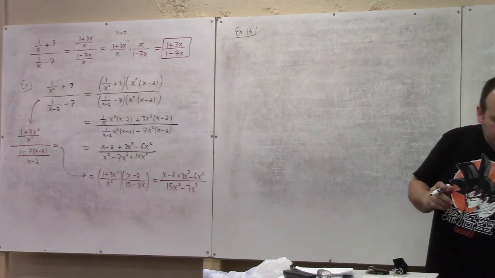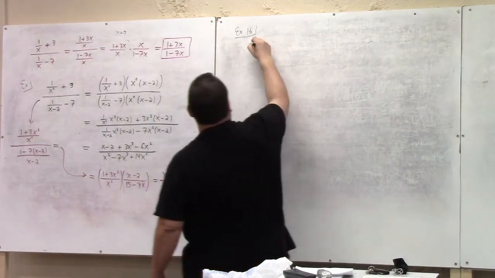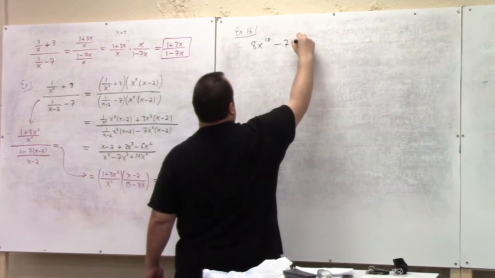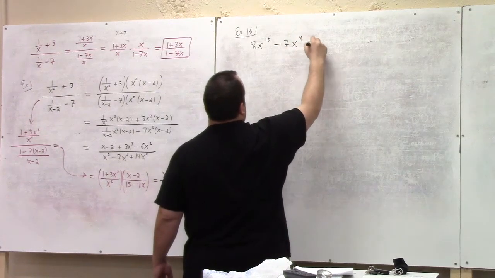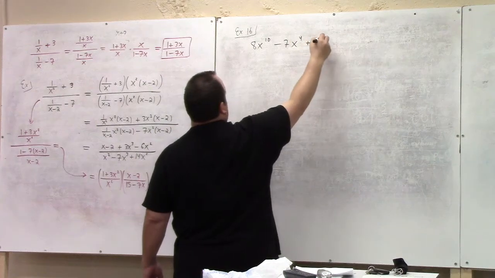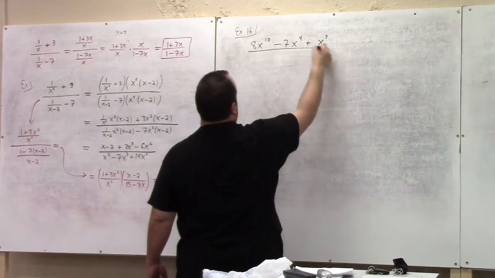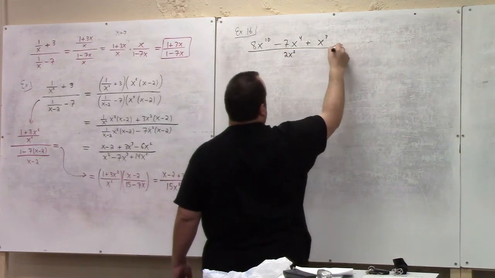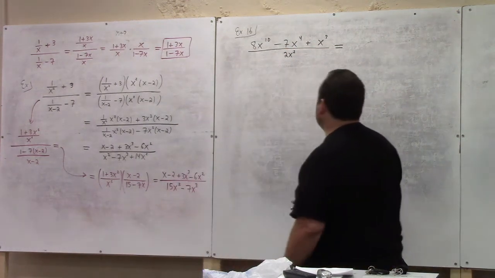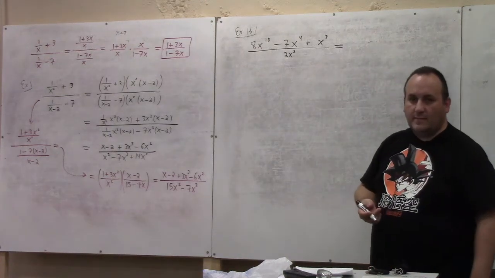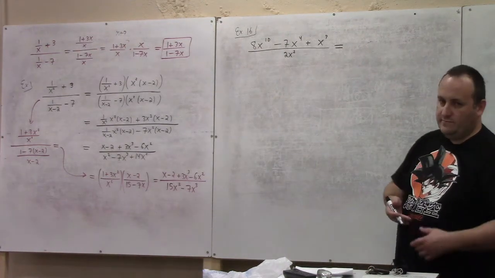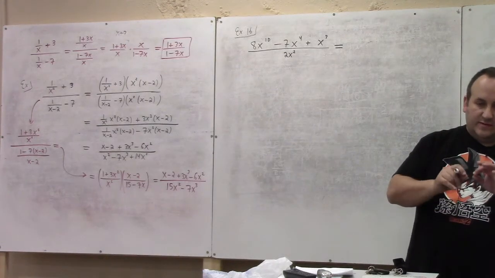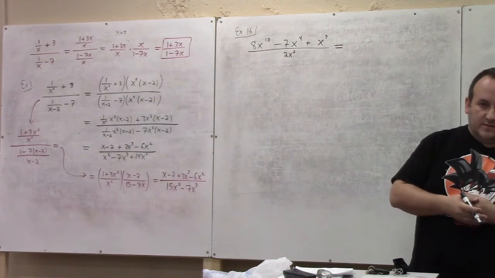And so something like 8x to the 10th minus 7x to the 4th plus x cubed divided by 2x squared. Simplify. So the point is, we already have a common denominator, so we can break a sum up in the numerator without worries, right?